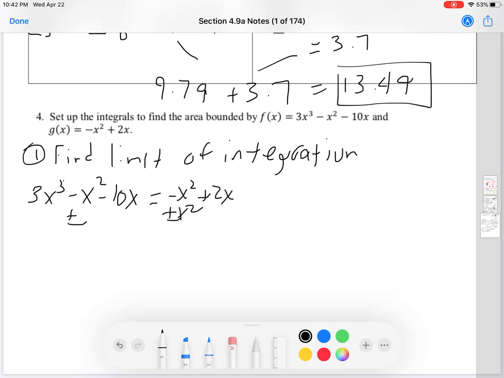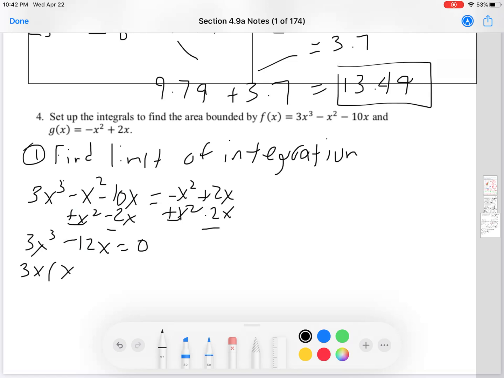We really want these to equal 0, so I'm going to add the x squared to both sides. Subtract the 2x from both sides. So this is maybe a little bit harder in the food chain of solving polynomials that you saw in Algebra 2. So you get 3x cubed minus 12x equals 0.